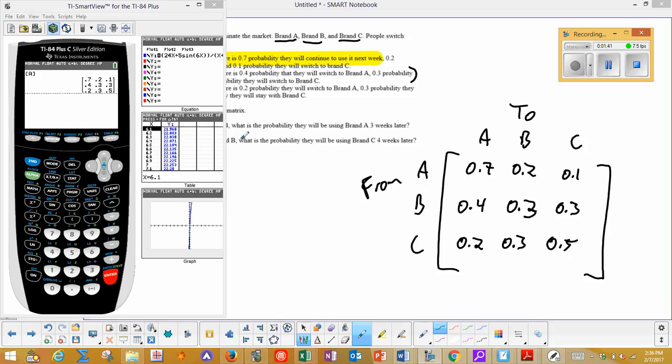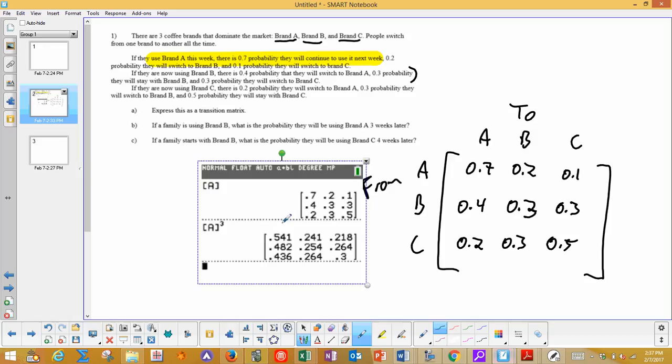Okay, now the first question is, what's the probability they'll be using brand A 3 weeks later? So let's look at what happens when we take matrix A to the third, and let's interpret those numbers. It's asking, what's the probability if they're using brand B that they'll use brand A 3 weeks later?